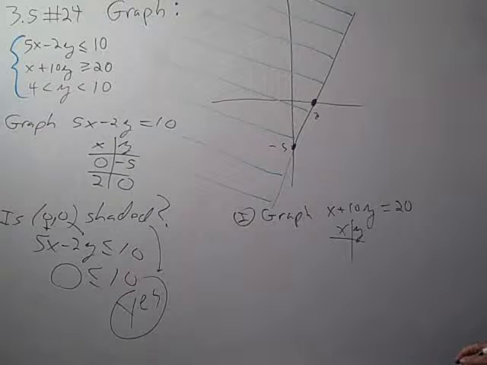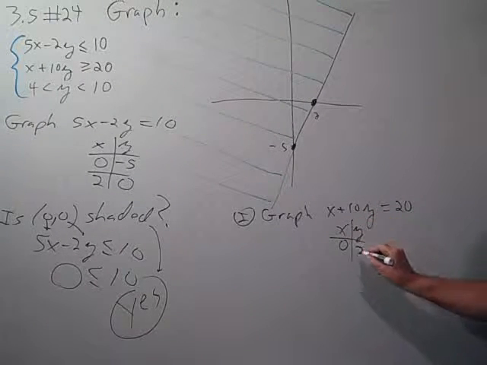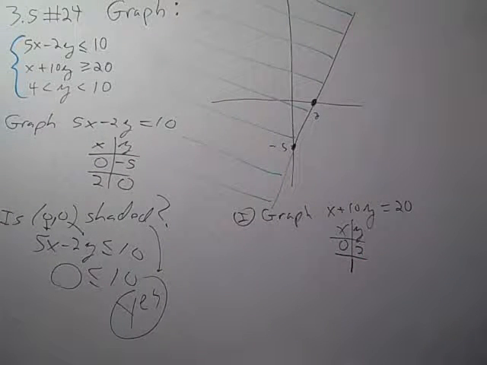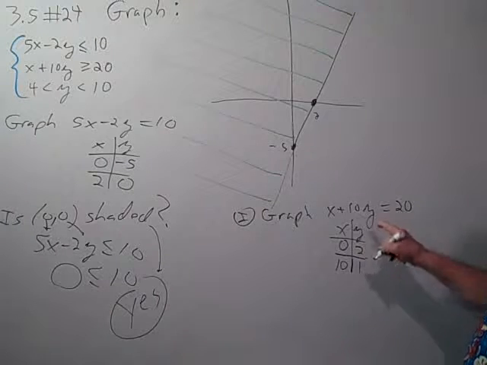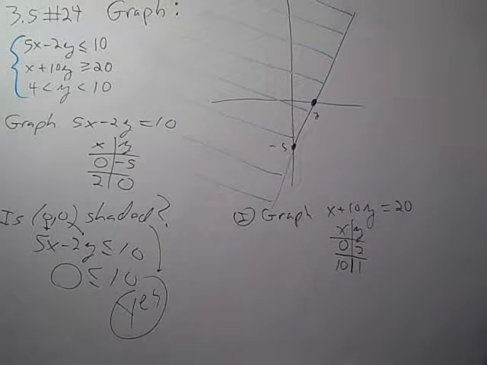Now if x is 0, then 10 times 2 is 20, so y is 2. There's 1 point on the line. And let's see, if x is 10, then y would equal 1, because 10 times 1 is 10, 10 plus 10 is 20. So those are 2 points on the graph of this second line.